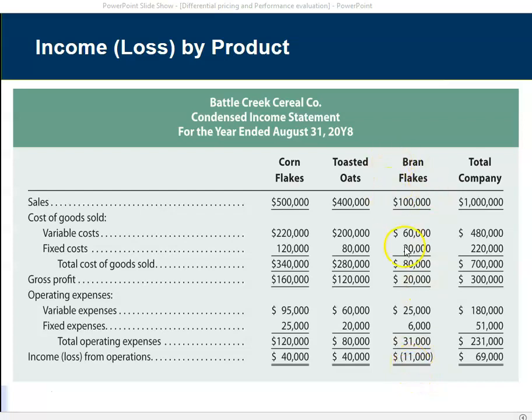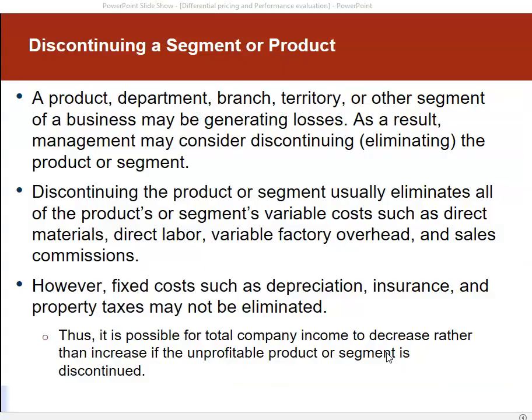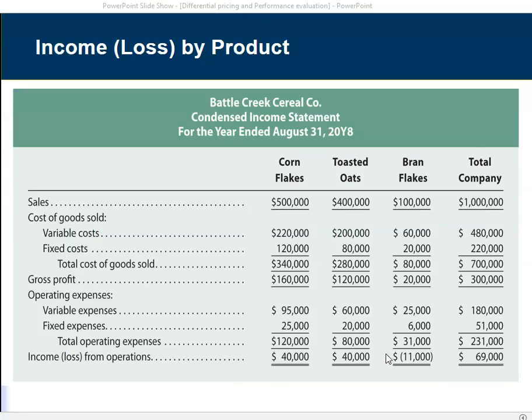But in this particular case, let's look at the numbers. If we continue, we have an $11,000 loss. If we discontinue this, it says we have a $26,000 loss, and that the differential impact on income is $15,000, and that's absolutely true, because I want to go back to this for a moment.